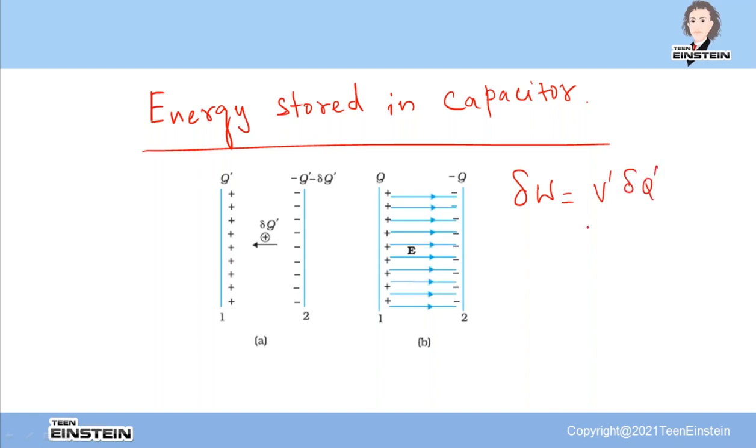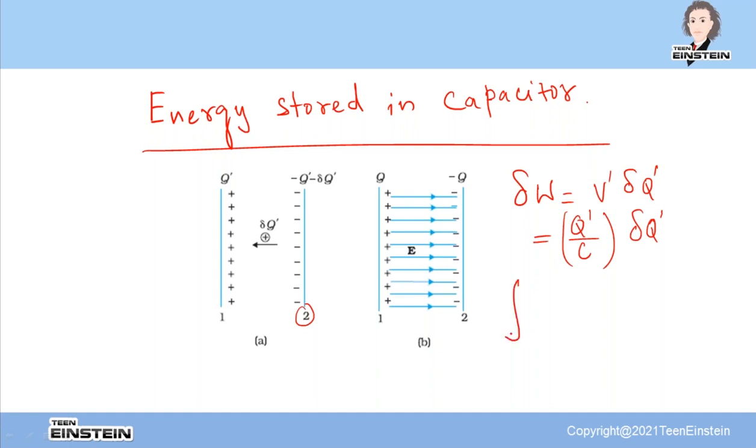This is an expression for the work done when you take an infinitesimal charge from conductor 2 to conductor 1. If I integrate this equation, you can get the total work done. That work done will be stored as electrostatic potential energy between these plates.